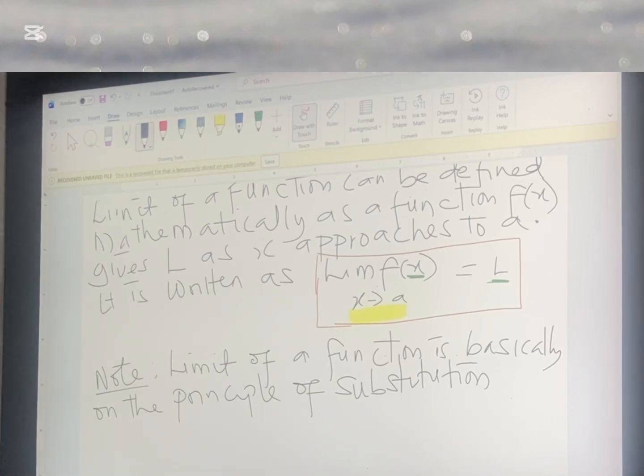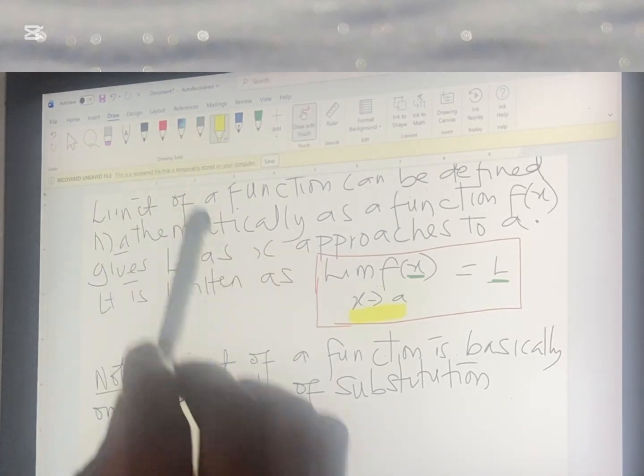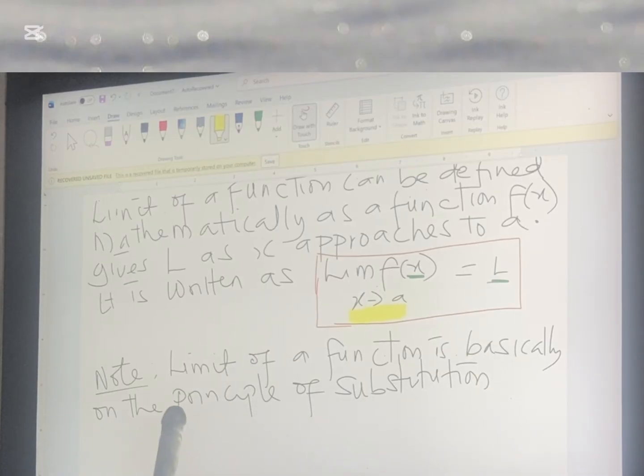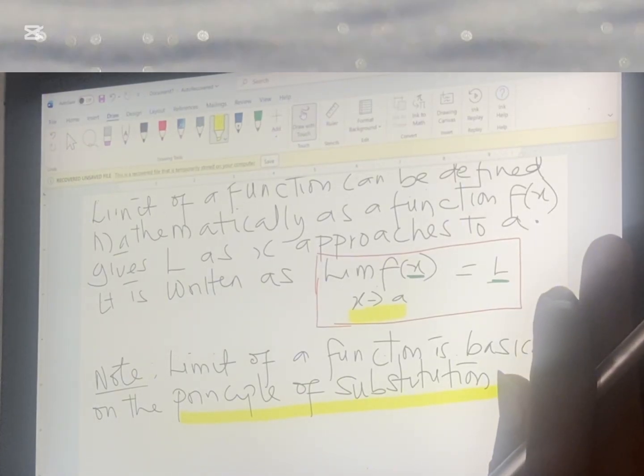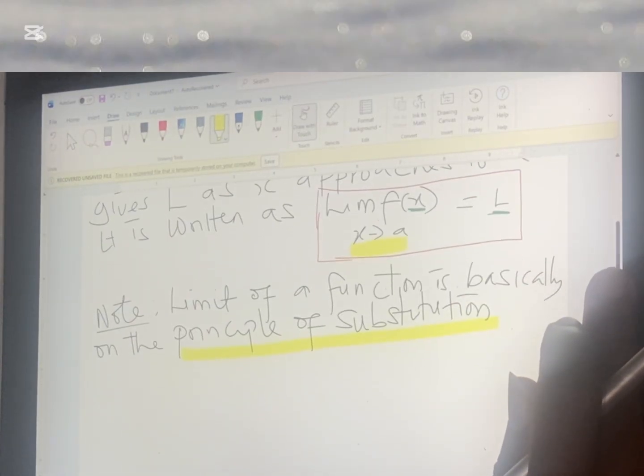Okay, please note this, that the limit of a function is basically on the principle of substitution. We are going to know what the principle of substitution is. But before that, we have to know the method of solving limits of a function.